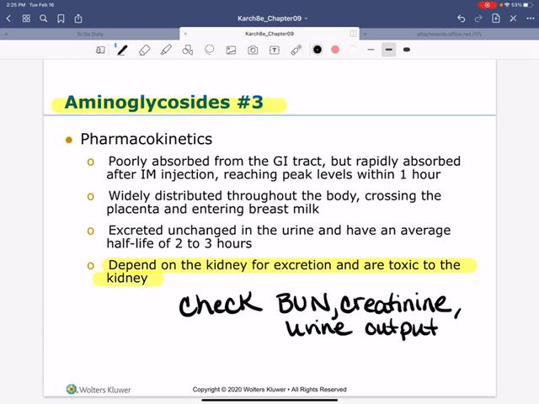Aminoglycosides depend on the kidney for excretion and are toxic. So that's why these are reserved for serious infections. And to tell you the truth, gentamicin is not given as much anymore. But since it is toxic to the kidney, this patient is most likely going to be inpatient, and we need to monitor the kidney function, which would be your BUN, blood urea nitrogen, creatinine, a byproduct of renal function, and urine output.